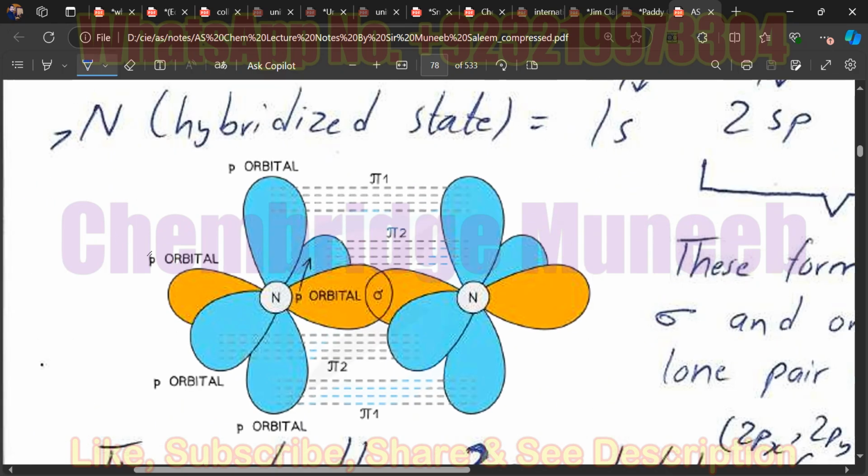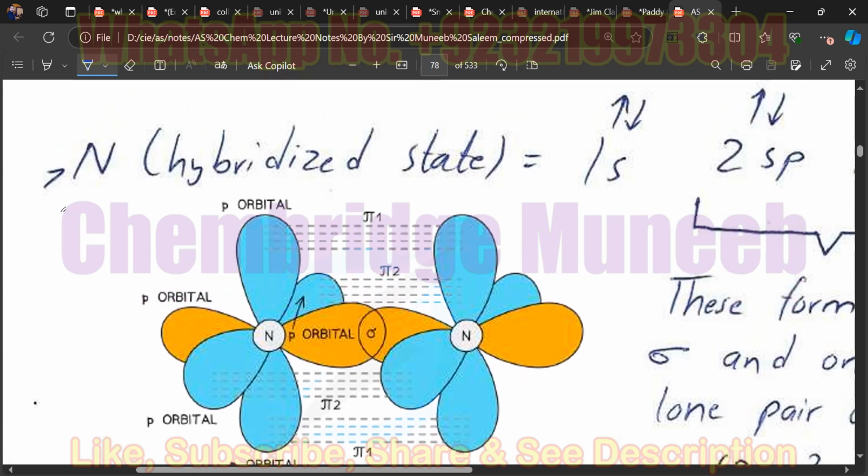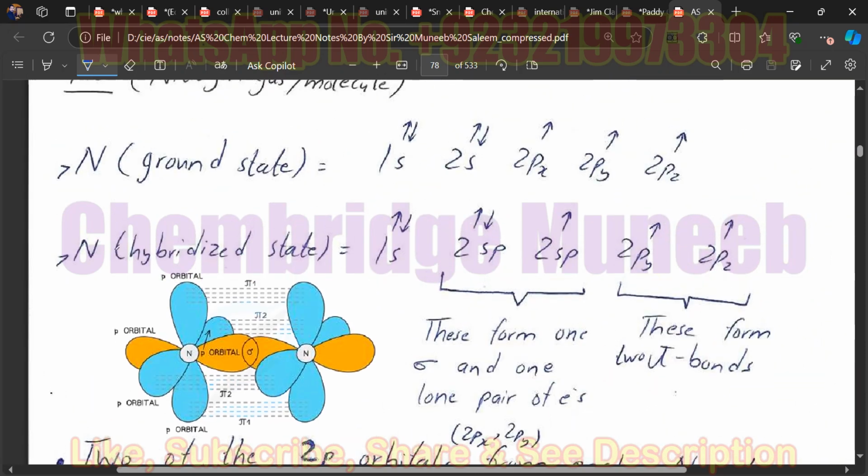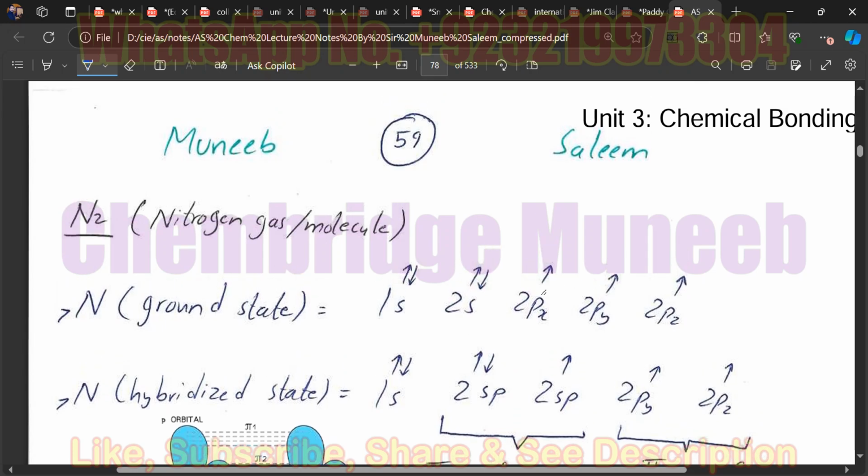For the nitrogen molecule, there are three p orbitals which are half filled. One is px, the other is py, and the third one is pz. And for chlorine, the px was filled completely, it was paired, py was paired, but pz was half filled, right?